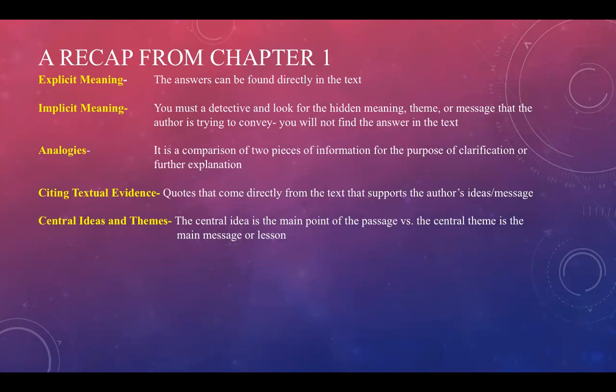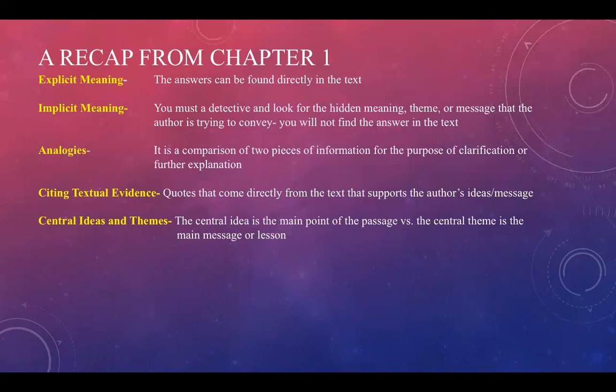So when you're going through and reading the text, these concepts need to be constantly playing through your mind as strategies. It's kind of like tools that you're putting in your toolbox. And as you're going, you're digging through, you're looking for quotes, you're looking for the main idea, you're looking for the lesson or the message that's running through, you're looking to draw comparisons, you're looking to see what does the author say and then what's actually the message behind the words.